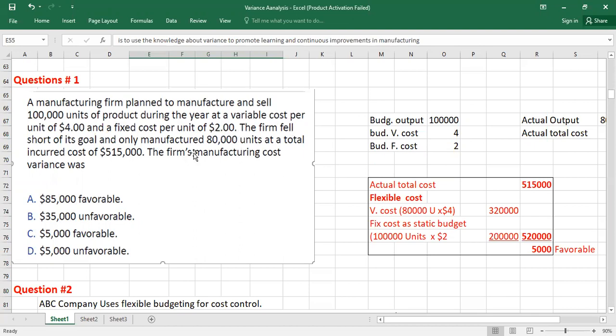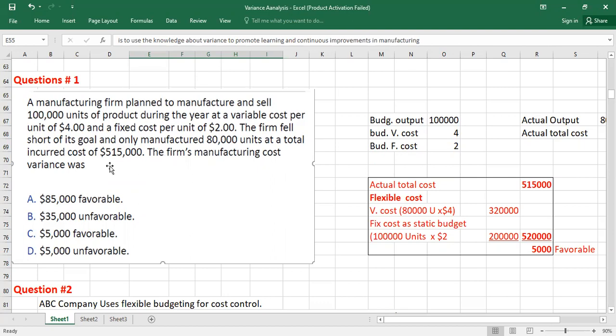The firm fell short of its goal and only manufactured 80,000 units. Even though we were planning to produce 100,000, we actually produced only 80,000 units at a total incurred cost of $515,000. This is the total cost, and it includes variable cost plus fixed cost.